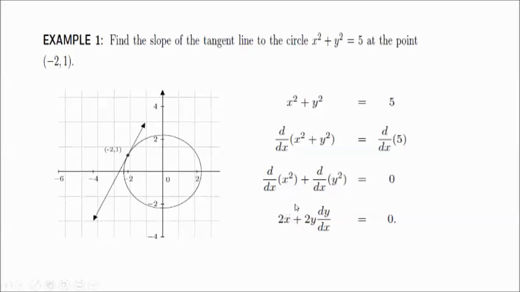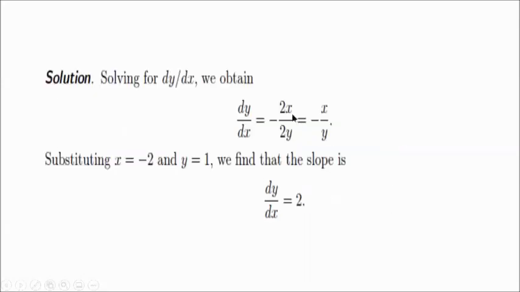Now, we can transpose the 2x, so magiging negative 2x, di ba? And then divided by 2y. So yung labas niya bale is negative 2x over 2y. And then canceling 2.